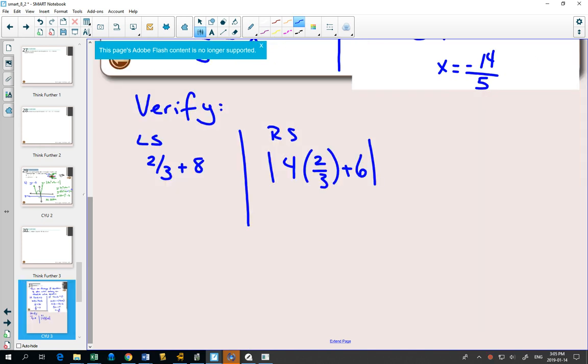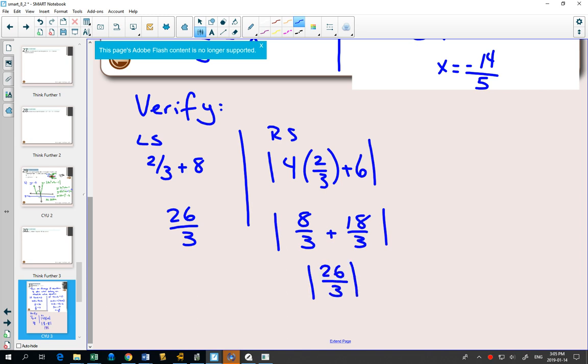Does it work? How do I add fractions? Get a common denominator. This side will be 26 over 3. This side will be 8 over 3 plus 18 over 3. Absolute value of 26 over 3 is 26 over 3. Those answers are the same. So x equals 2/3 works. It's one of our solutions.